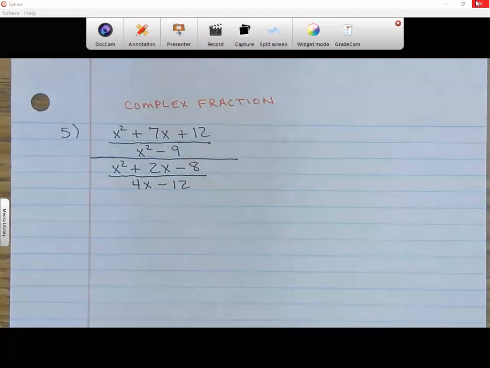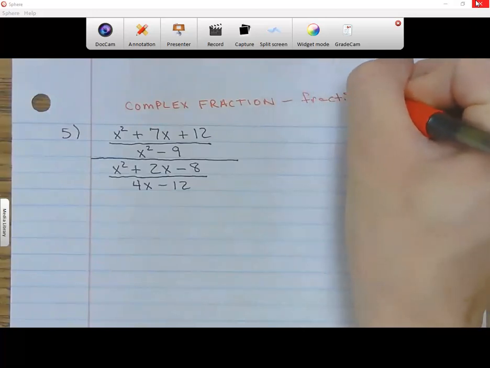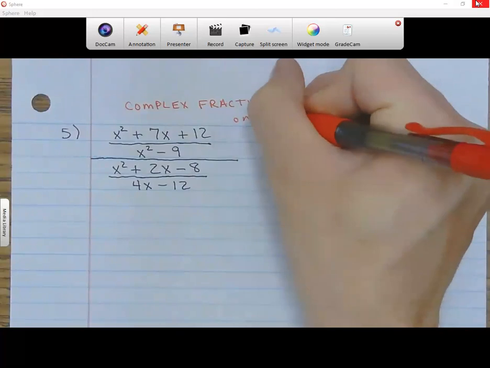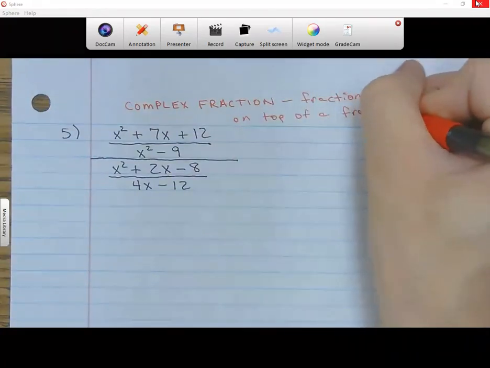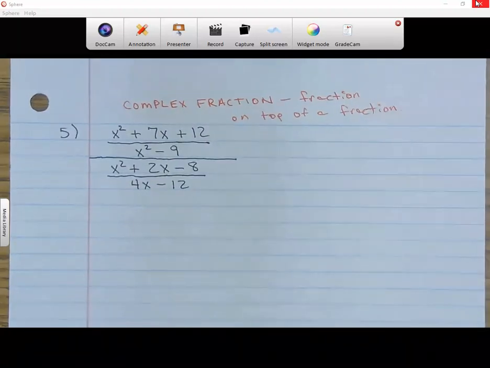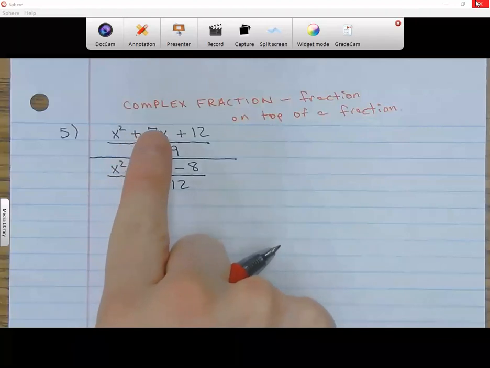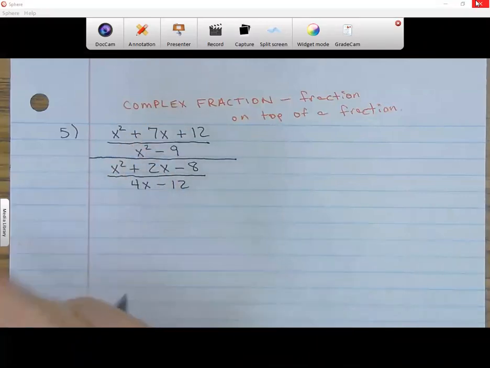All this really is, is just a fraction on top of a fraction, right? In other words, the numerator is a fraction and the denominator is a fraction, okay? So we have a fraction on top of a fraction.